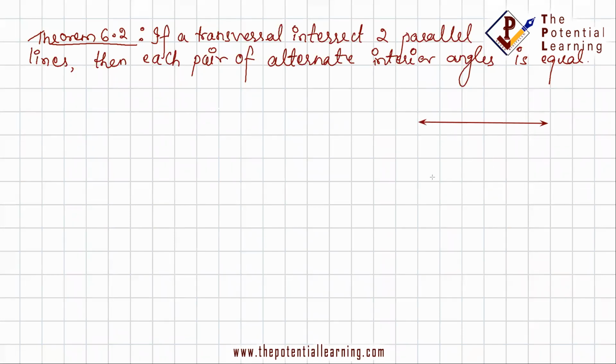So these are the two parallel lines AB and CD, and this one is the transversal to these lines. Okay, so this is AB and this is CD. Also, it is given that if a transversal intersects two parallel lines, then each pair of alternate interior angles is equal.